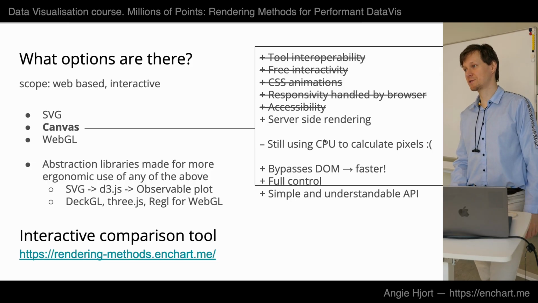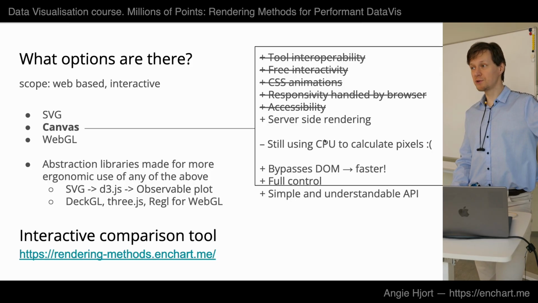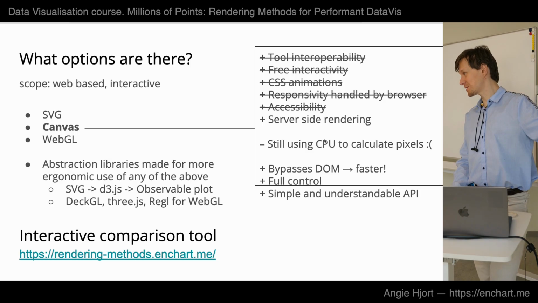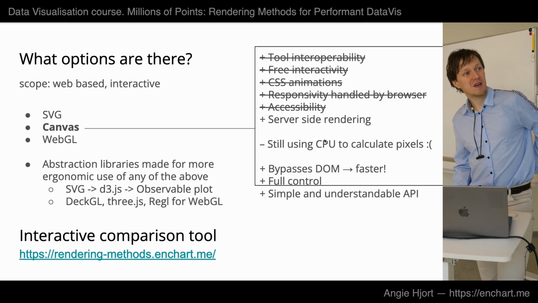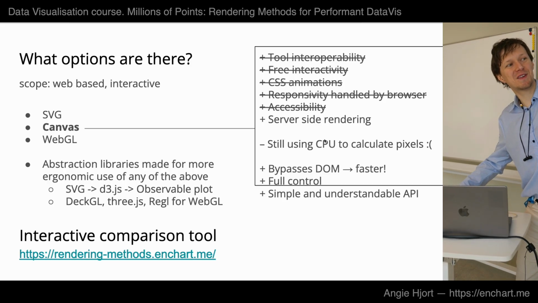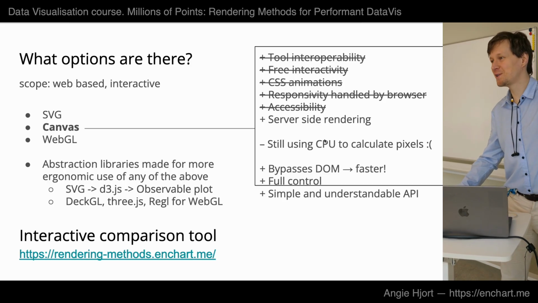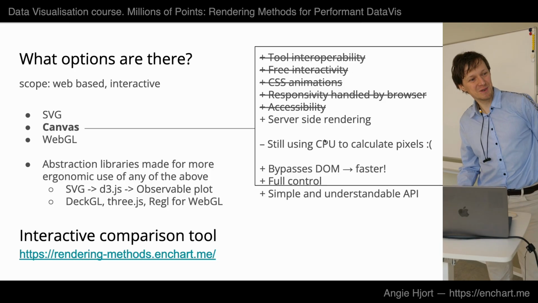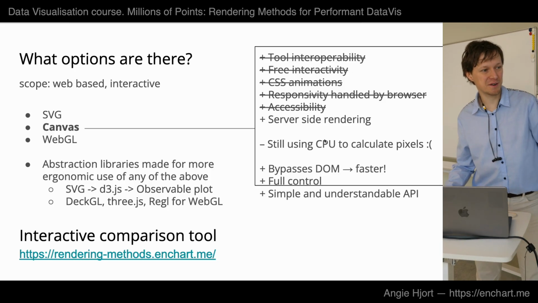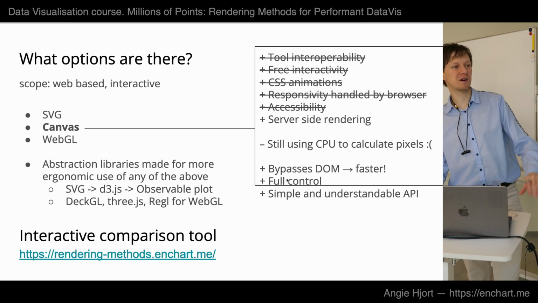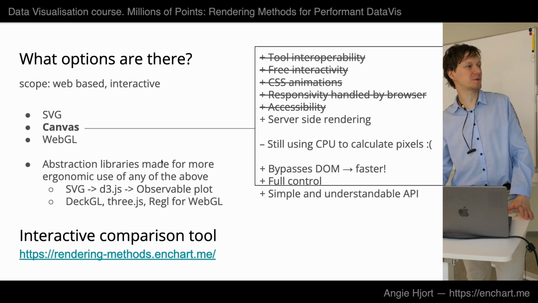It's faster because of that. Although you're still using CPU to compute the pixels and stamp them onto the page. And you lose all of these nice things that SVG was giving to you for free. So you lose all of that. And one benefit there is a very simple and understandable API, and you have full control over your pixels.